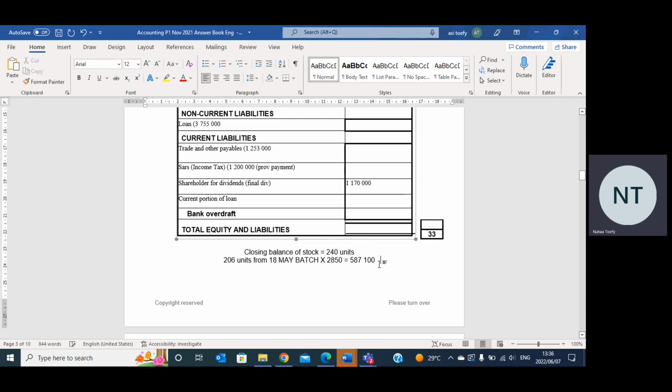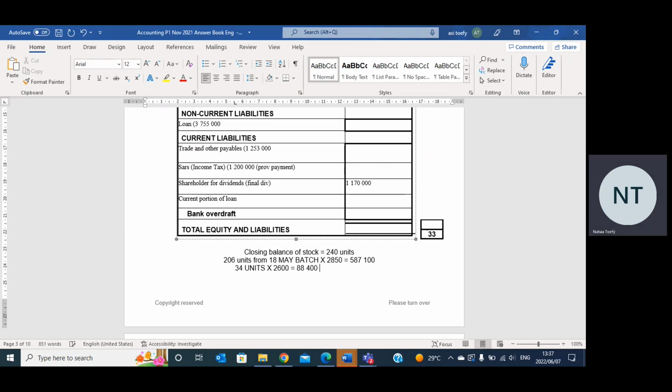So from my next batch, which is on the 10th of May, I need 240 minus 206. So I need 34 units from my next batch. So I'm going to take 34 units and I'm going to times it by the 10th of May's cost price, which is 2,600. And that is equal to 88,000.